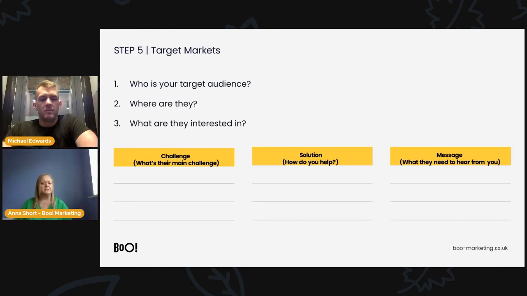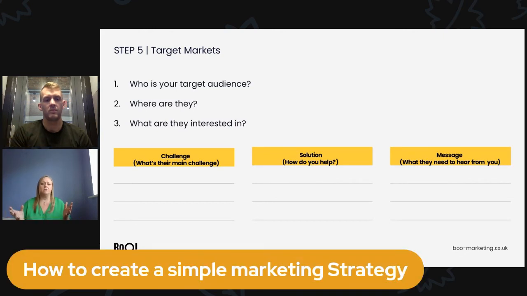What do they get up to in their spare time? What are they interested in? They might be interested in listening to podcasts, well-being, personal development, reading the papers. So it just starts to build a picture up of what your people look like. And this is about who are your main target audiences, not anyone and everyone.